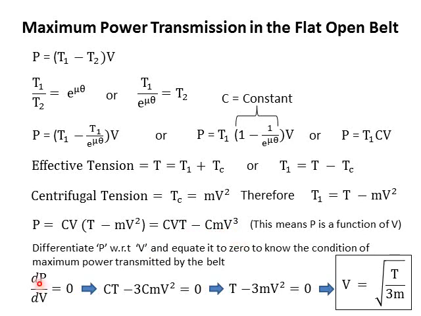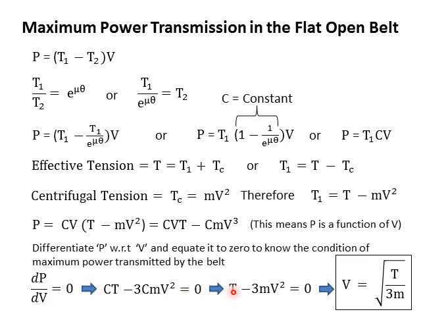The derivative of the first term with respect to v is CT. For the derivative of the second term, 3 comes down, Cm, and v to the power 3 minus 1 becomes v square. So we have CT minus 3Cm v square, equal to 0.